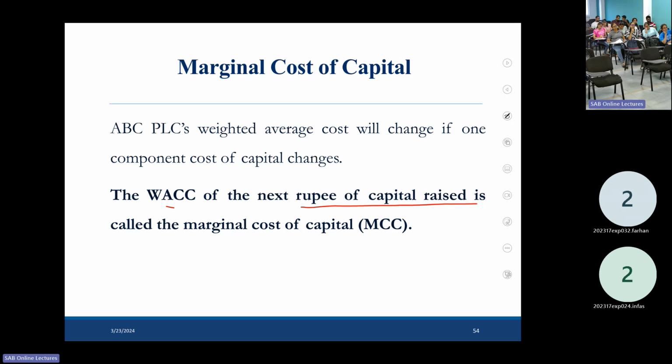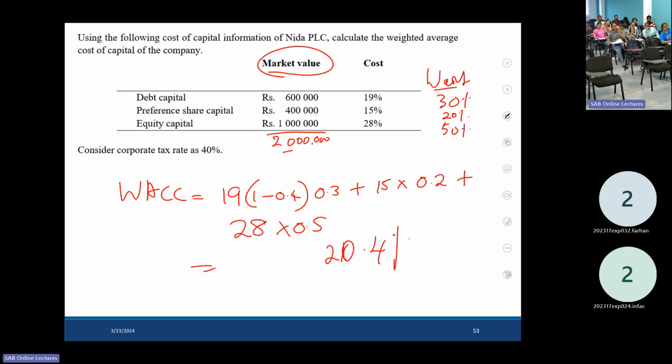Suppose this company has a feasible investment, so they need some money to invest in it. Suppose they are going to increase the debt capital, taking some more bank loans at a new interest rate. Currently, the cost of debt is 19% in the existing capital of 2 million.